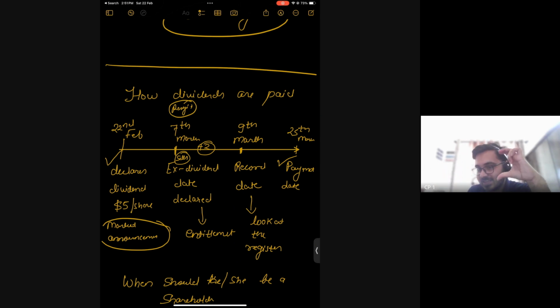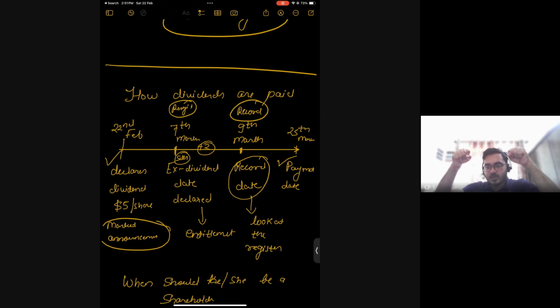So you have a certain date kept as ex dividend date. You add 2 days or 3 days or 1 day to that, and after that you have a record date, and on this date you take the record, because the assumption is that 2 days have passed and the registrar has also recorded the transaction, which means today on 9th March, if I pick up the list of investors, it will reflect all the investors who have purchased on or before 7th March, and it will exclude all the investors who have sold by 7 March or who have purchased after this.